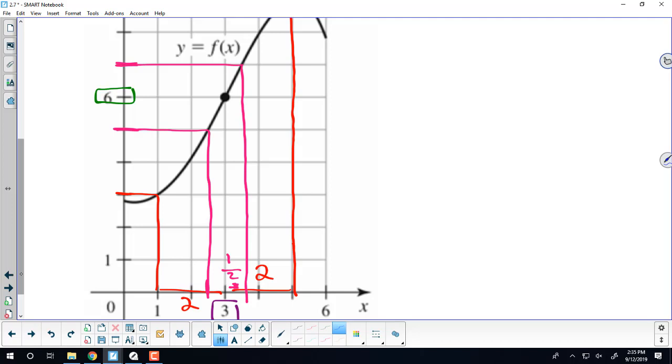And then if I'm a quarter unit away from 3, how far away are we from 6? But if we didn't know that 6 was the limit, we would see that if I close in on 3, according to this function, the y values are closing in on 6.